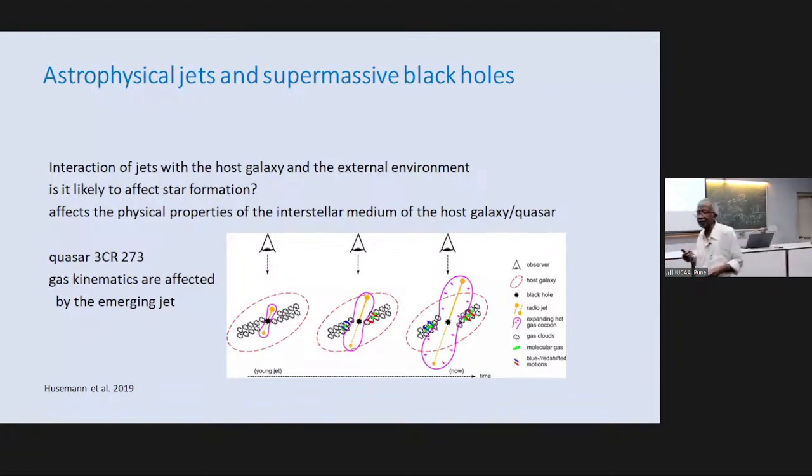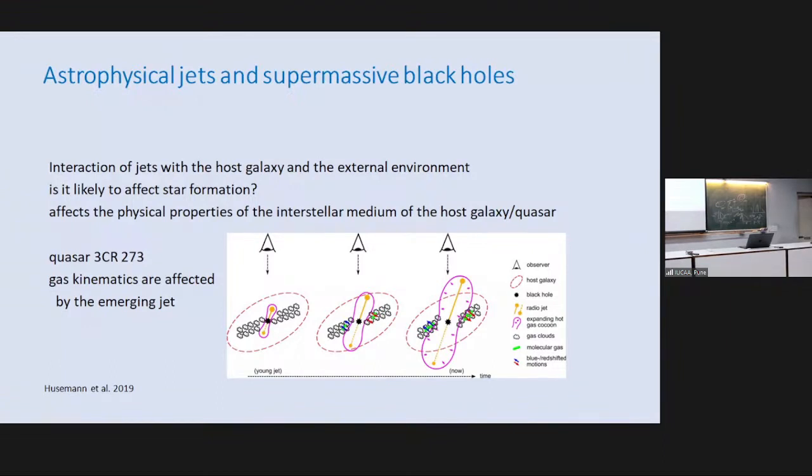So the answer is that jets actually play a very important role in the evolution of galaxies by affecting star formation. And so the whole history of galaxy evolution is something where this is a process which has to be taken into account. And this broadly goes by the name of feedback, because the jet is feeding back into the properties of the galaxy.